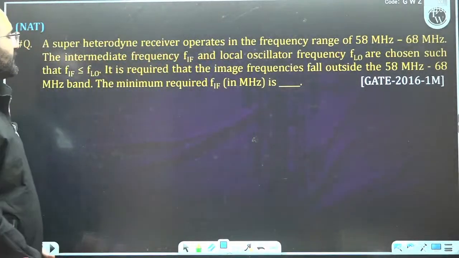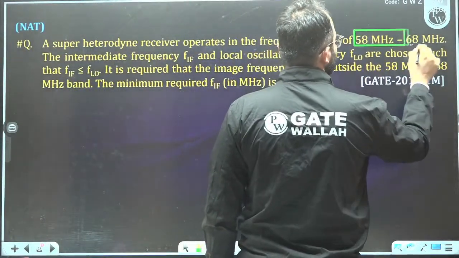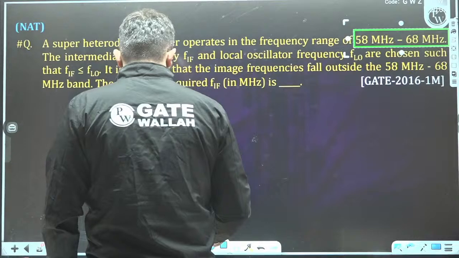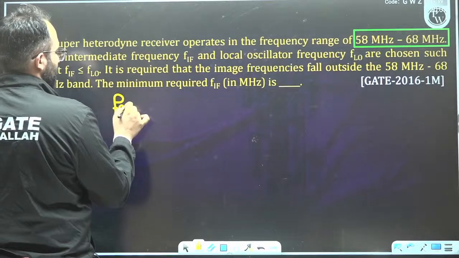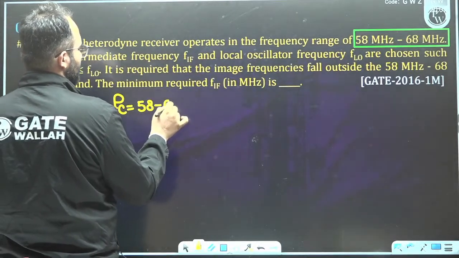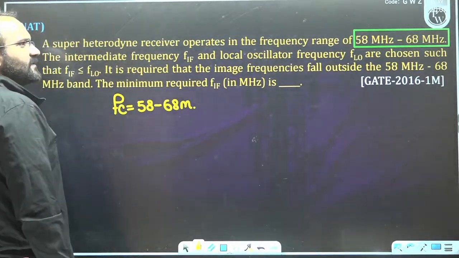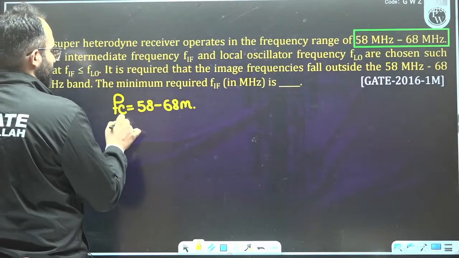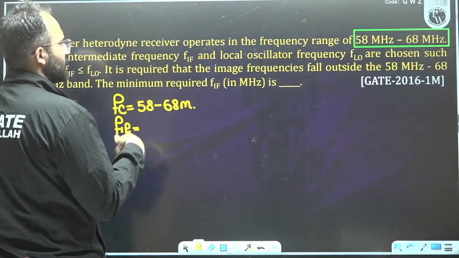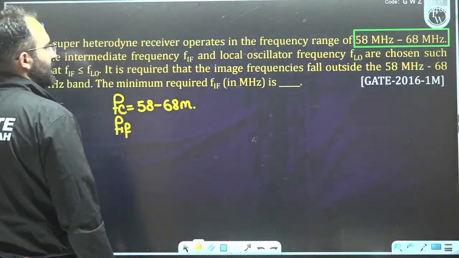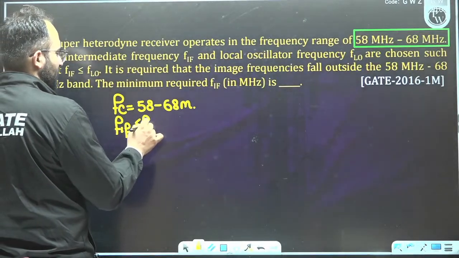A superheterodyne receiver operates in the frequency range of 58 to 68 megahertz. It is given that the carrier frequency and the intermediate frequency are chosen, and the local oscillator is chosen such that the intermediate frequency is less than the local oscillator frequency.